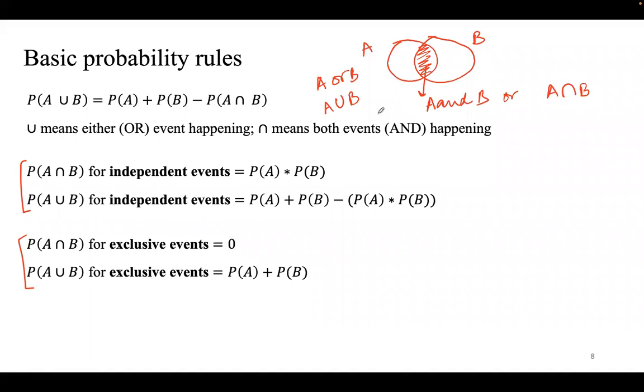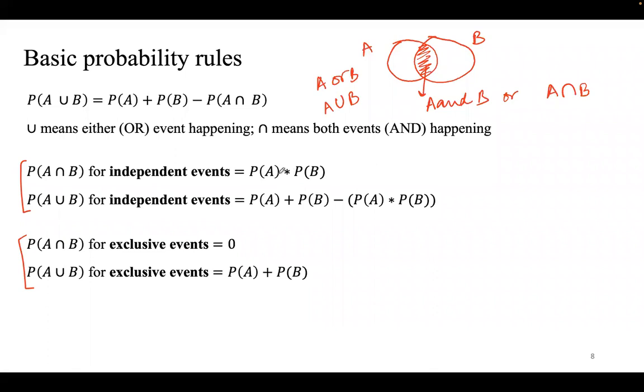For independent events, you define that the probability of both happening is the product of the two probabilities, so this multiplication sign comes up. For independent events, the intersection is nothing but the product of the two probabilities.